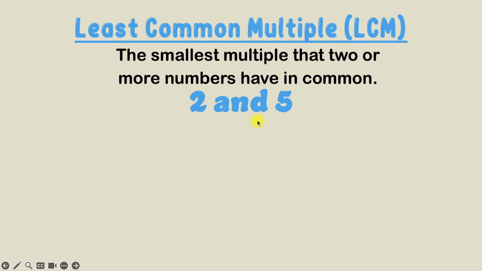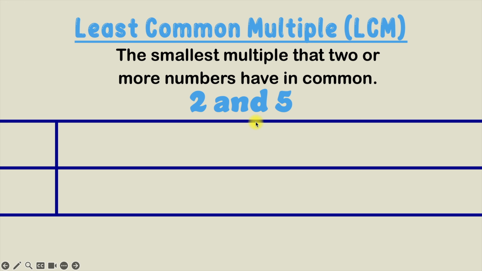It's always important to make sure that you're neat with your work. So here, I'll write the number 2, and here, I'll write the number 5. And in this space here, I'm going to write all the multiples starting with the smallest number. 2 is our smaller number here, so I'll write up to the first 10.